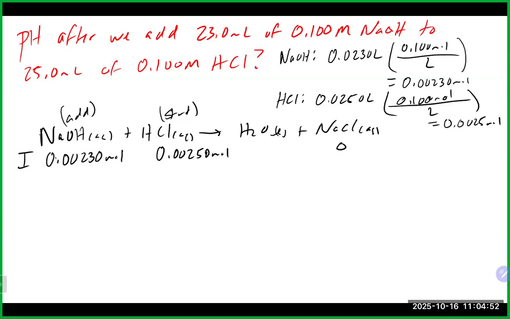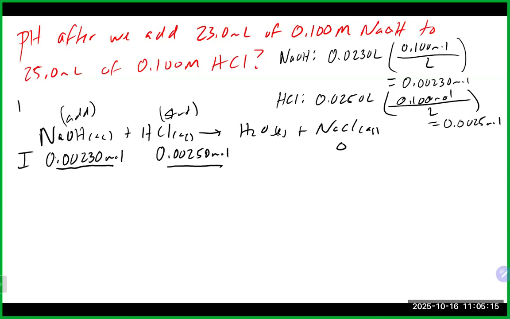So the first question is, am I before, at, or after the equivalence point? I am before, and I know that by comparing what I'm adding to the moles of what I started with, and it's less than. So that means you have less of what you added than you started, you're before. If they're equal, you're at, and if you have more of what you added, you're after the equivalence point.